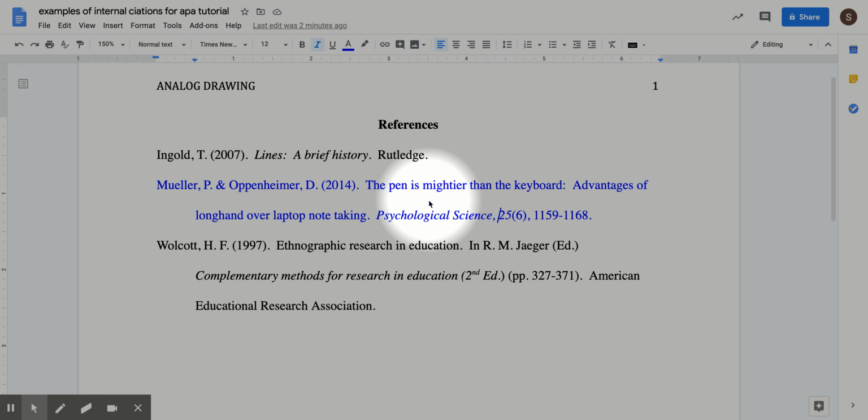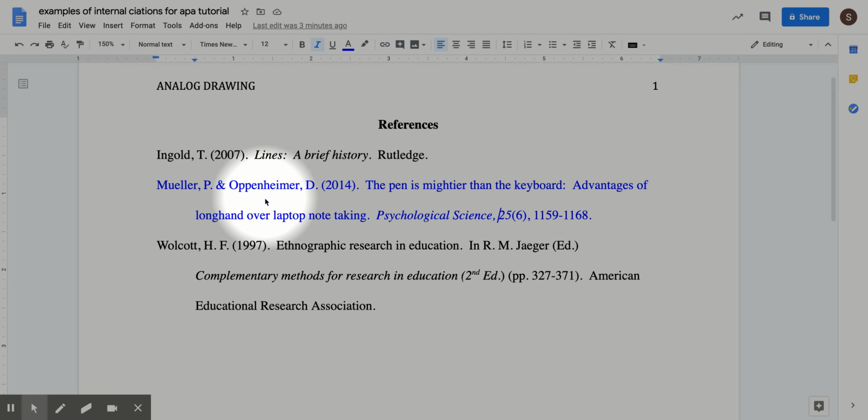So that matches the italicization rules of chapters in an edited book, right? The article is not italicized, the journal title is. The chapter is not italicized, the book title that the chapter is housed in is italicized. Following me here? Okay, now let's take a look at this journal article as a whole.